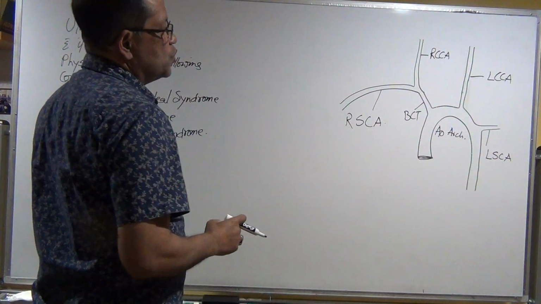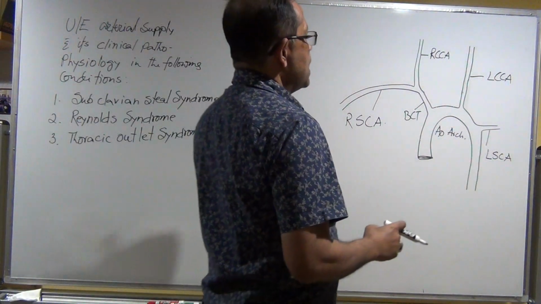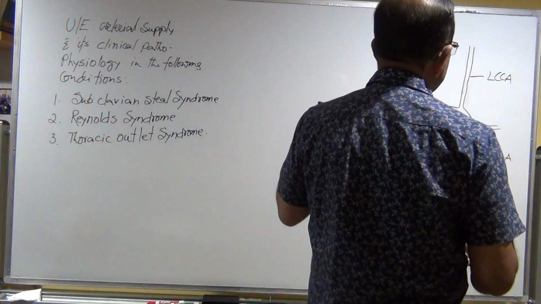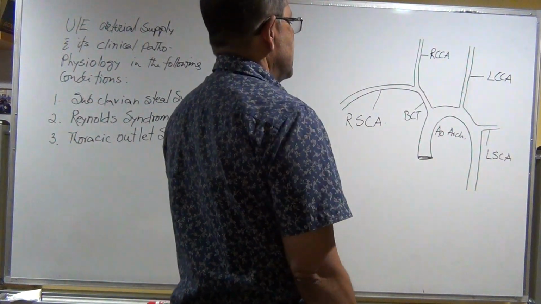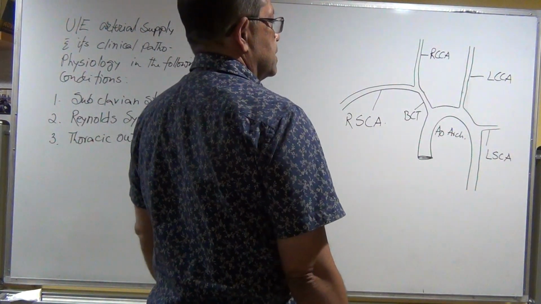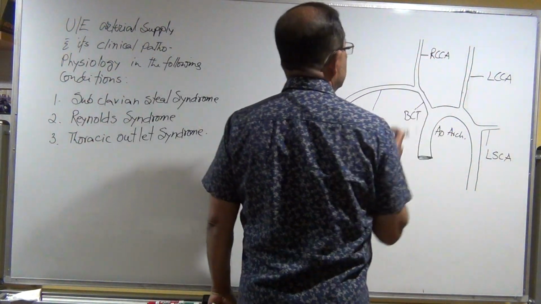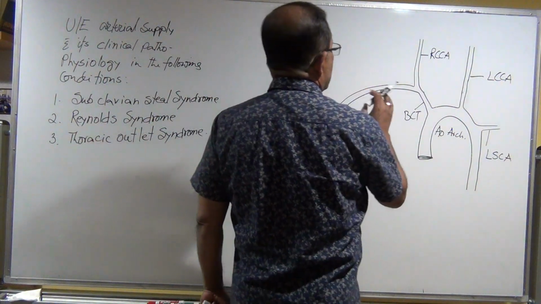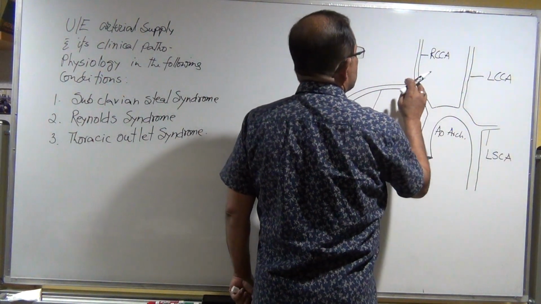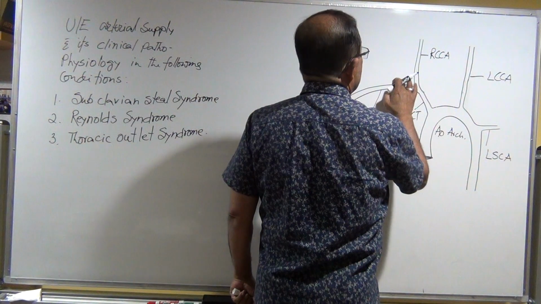I'm just going to show you how the blood is stolen by the vertebral artery. So of the subclavian artery, the first branch is the vertebral artery.